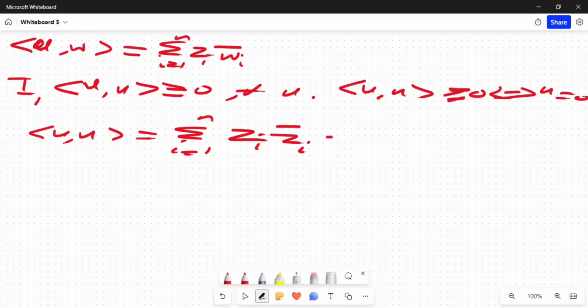So this is the summation, i running from 1 to n, of modulus of zi squared, which is greater than or equal to 0.